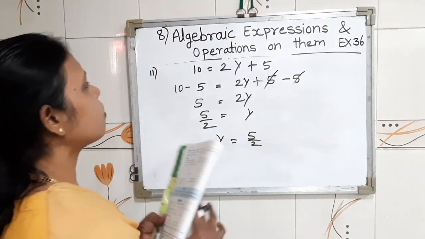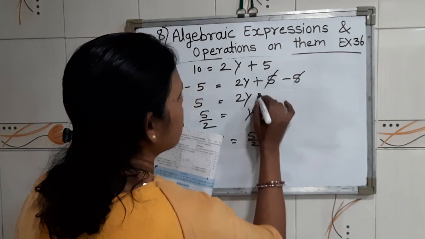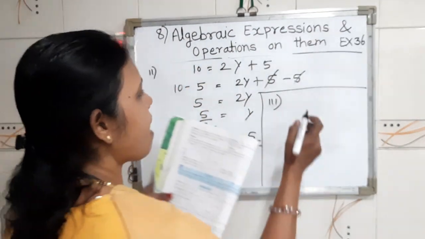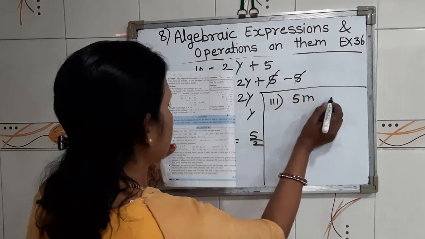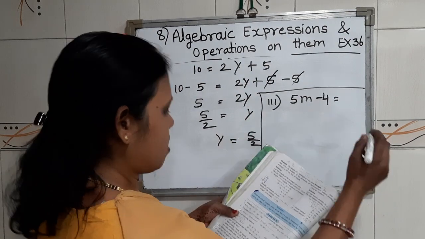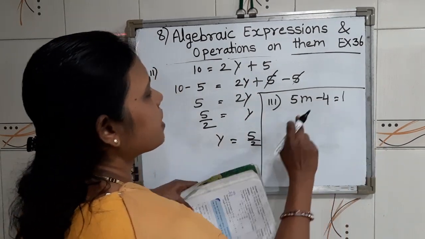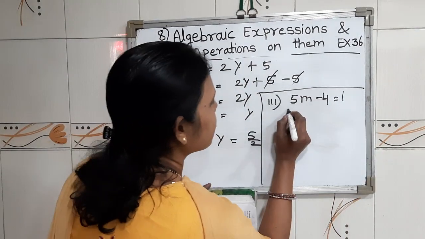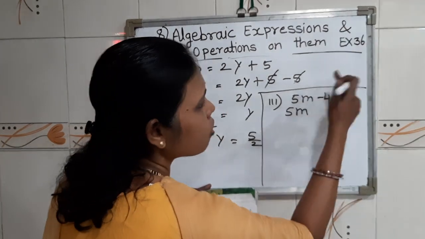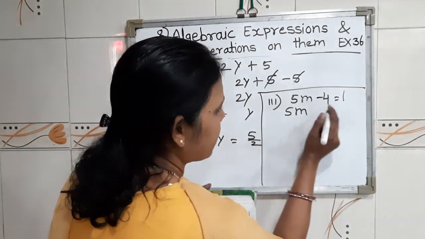Question number third one. 5m minus 4 equal to 1. Then with 5m, minus 4 is there. This minus 4 we are taking on right hand side.